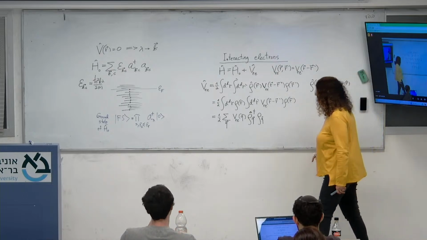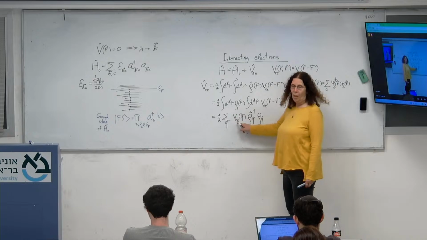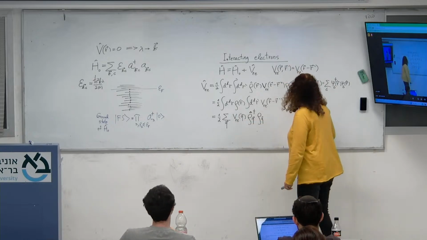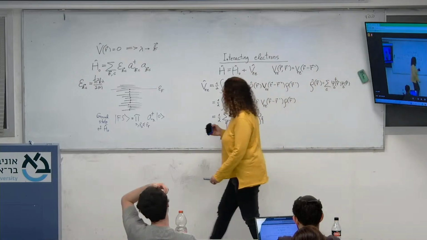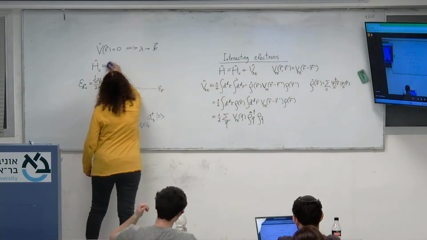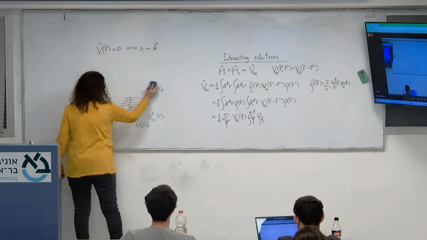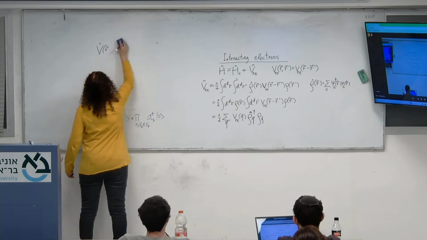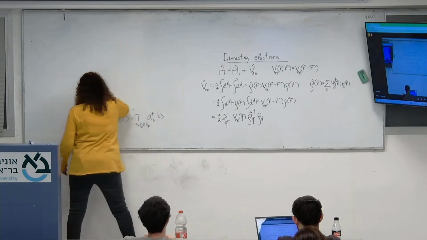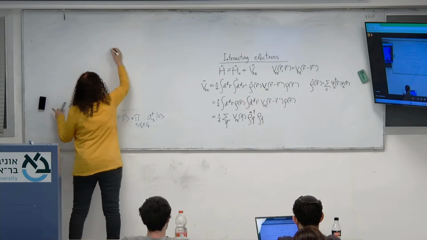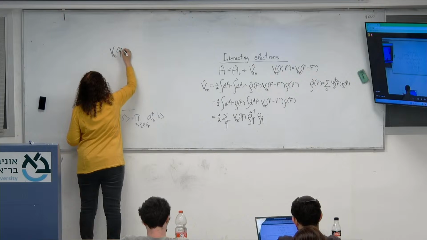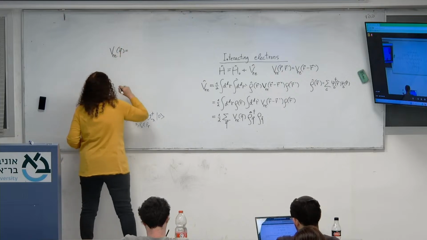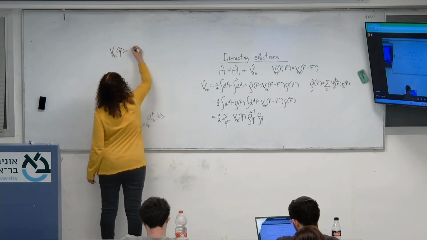So first of all, what is V of Q? It's simply the Fourier transform of this here.